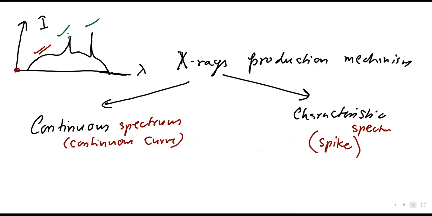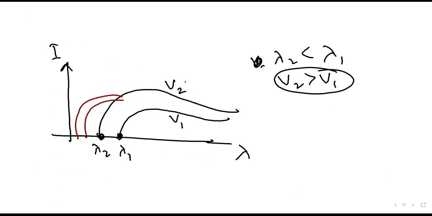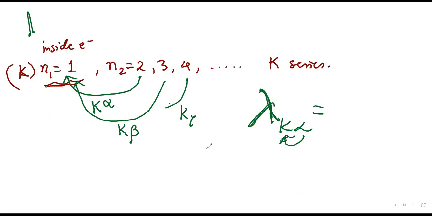So here, let's say, can you tell me what will be the naming of X-rays if a vacancy is created at n equal to 2 and the electron is coming from... Let me rewrite it again.